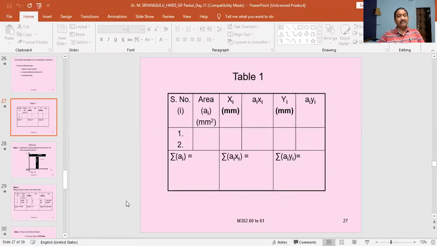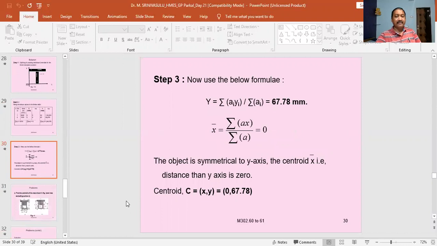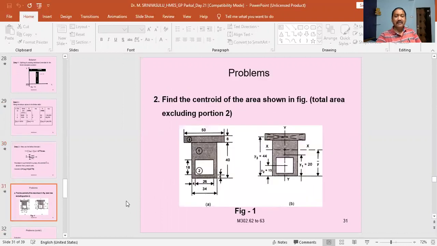We know that x bar is equal to sigma ai into xi by sigma ai, and similarly y bar is equal to sigma ai into yi by sigma ai. So like this we can find out x bar and y bar.